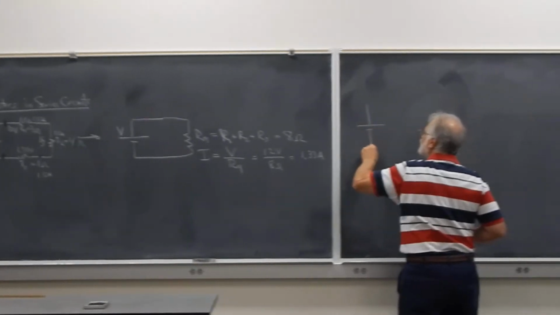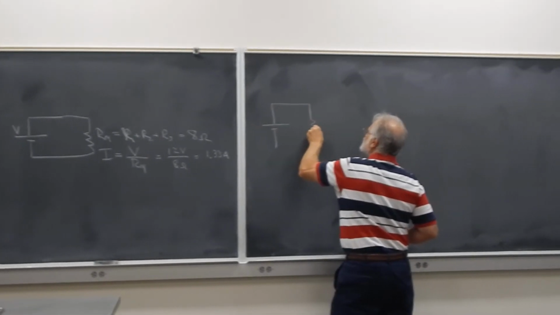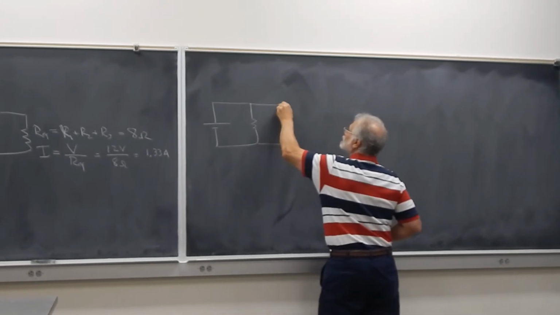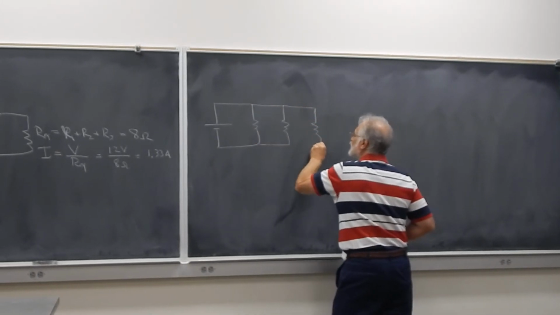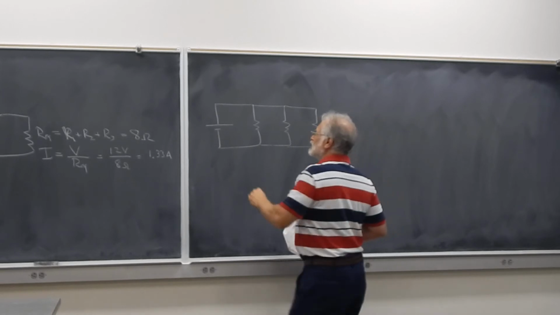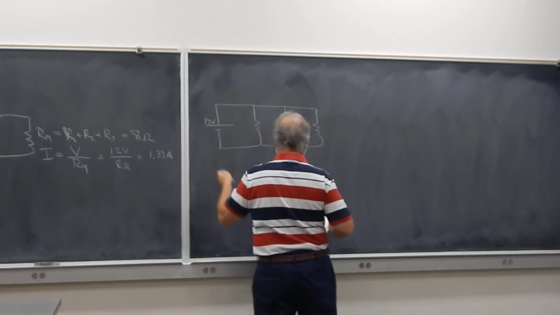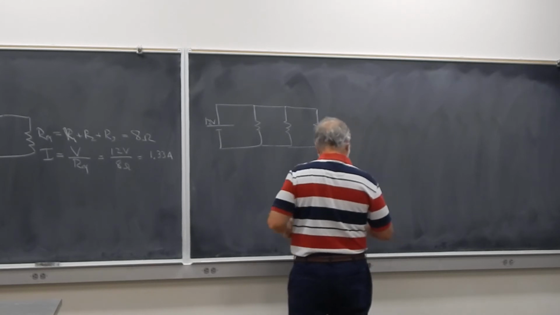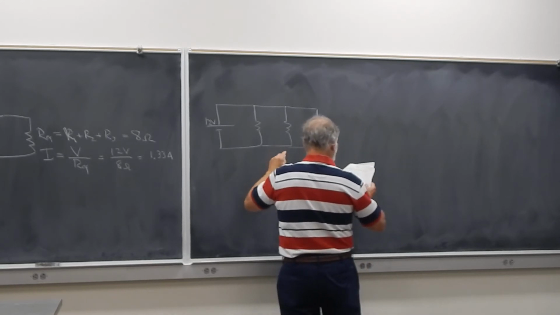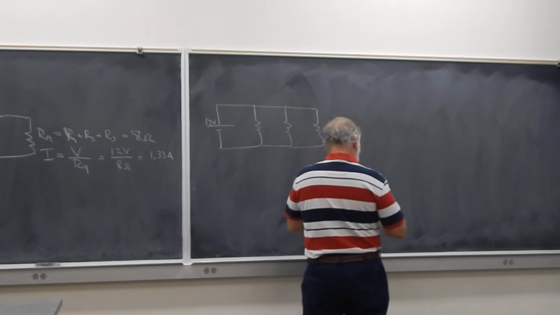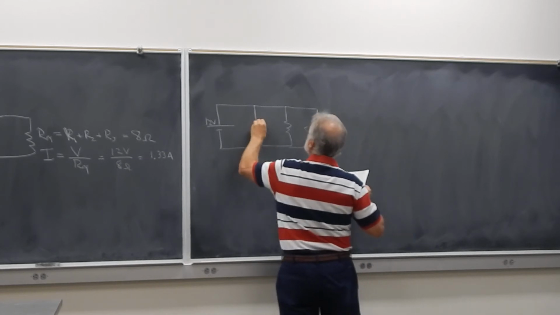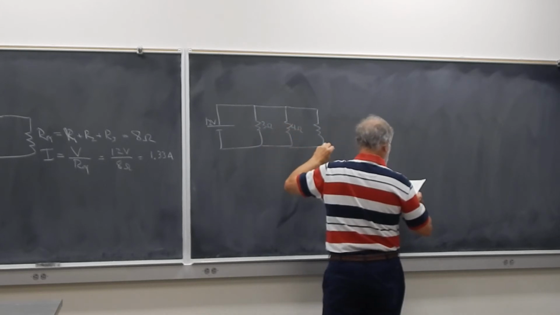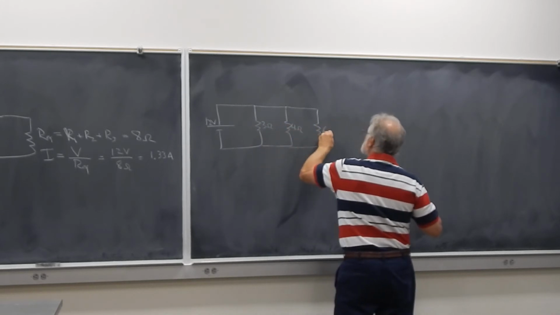On the other hand, we can talk about resistors configured in a parallel circuit, like so. For example, I might have a 12-volt battery, and a circuit with 3 ohms, 4 ohms, and 6 ohms.